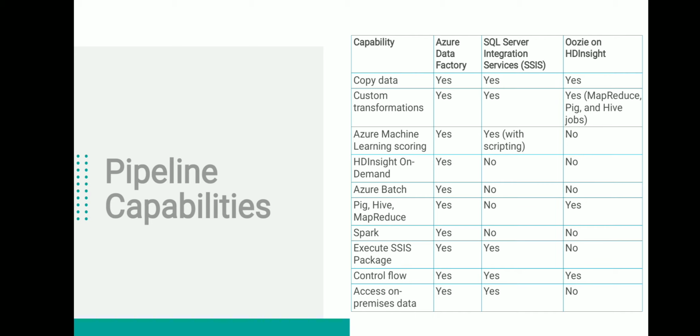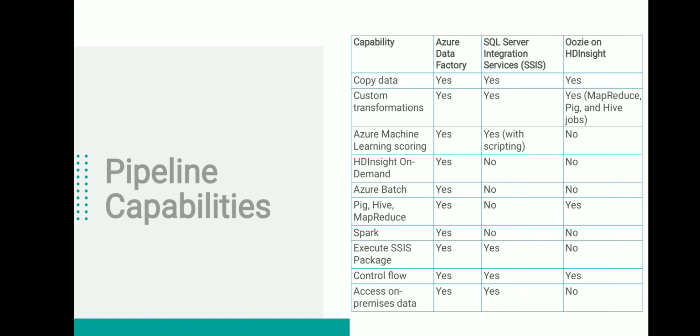Okay, Azure Data Factory can copy data, it can transform data, machine learning scoring is possible, Azure Batch can be utilized, Spark, you can execute SSIS packages, you can access on-premises data. Now see, that's where you get a better picture.